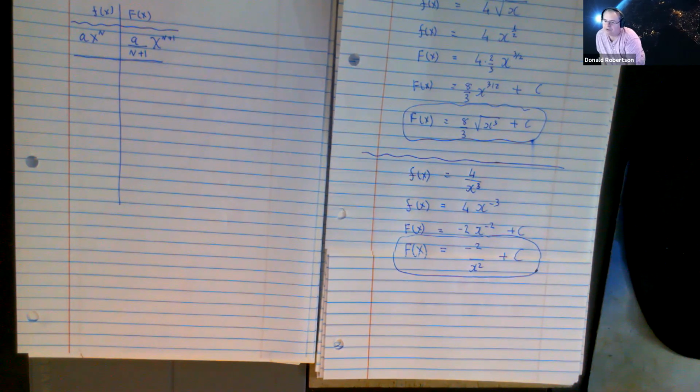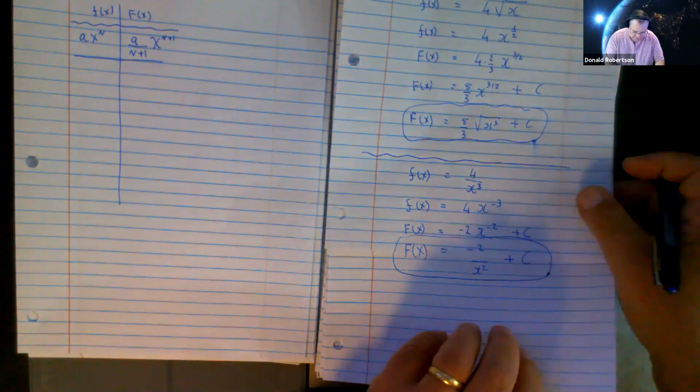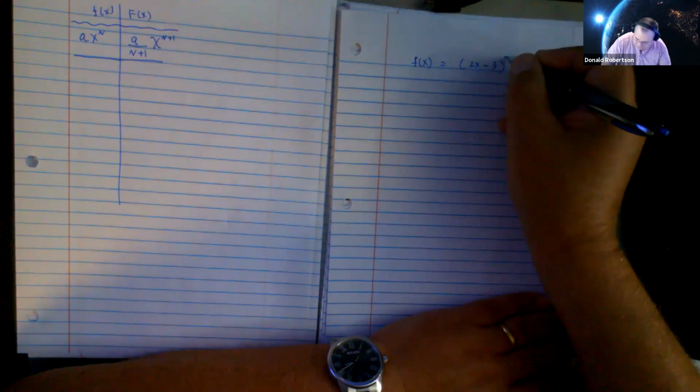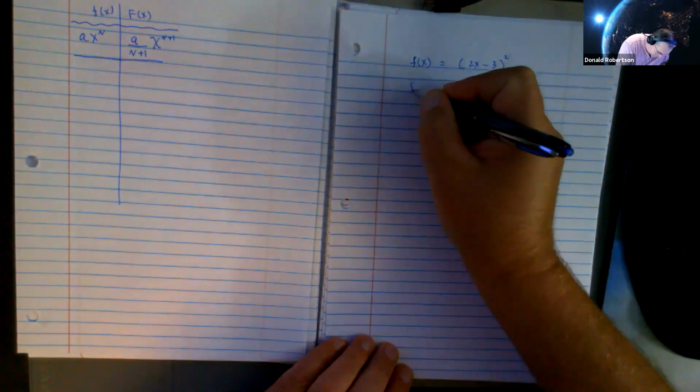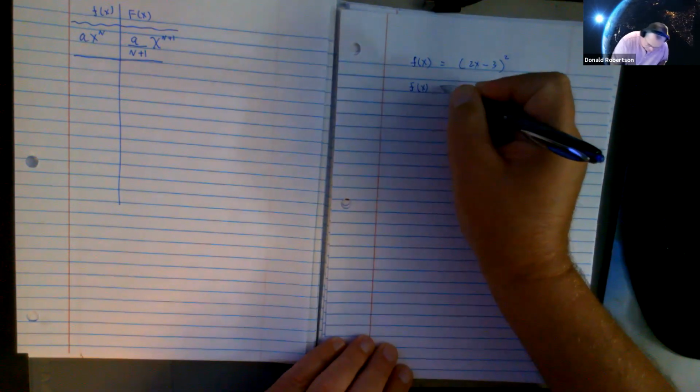So this rule called the power rule can be used to find the antiderivatives of quite a few different things. How about this function? I would like to find the antiderivative of (2x take away 3) squared. But I really can't do it if I leave it like that.